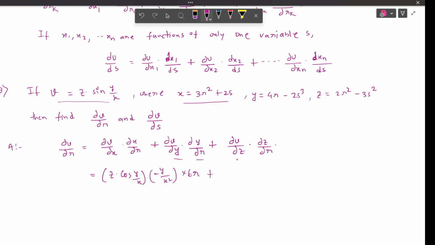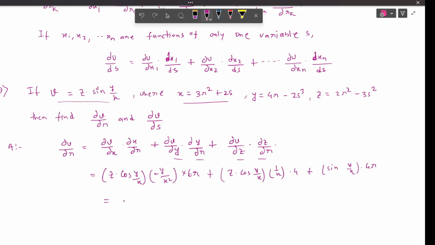Similarly, we can find this as z into cos of y by x into 1 by x into 4. I think you got the point. Okay, how to find this, sine of y by x into 4r.